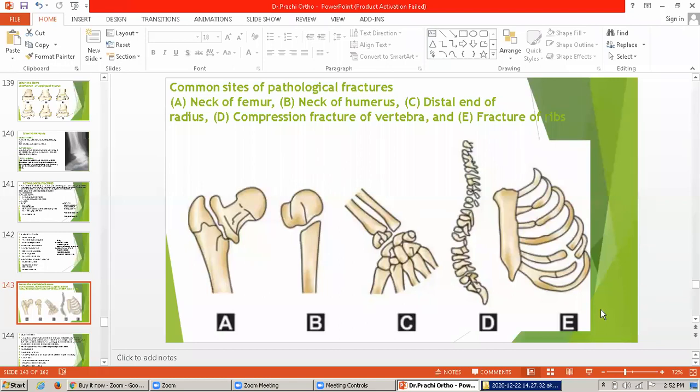And in diagram E, we can see the fracture of the rib here. So these are the common sites for pathological fracture: the neck of the femur, then neck of the humerus, distal end of the radius, compression of the vertebrae, and the fracture of the rib.